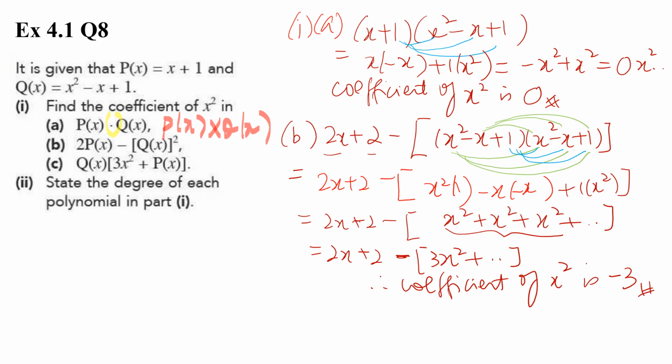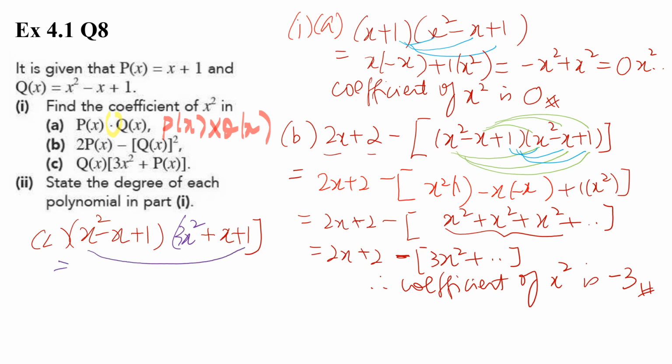How about part C? For part C, you just need to take x squared minus x plus 1, multiply with 3x squared plus P(x), which is x plus 1. Similarly, let's do some fishing again.